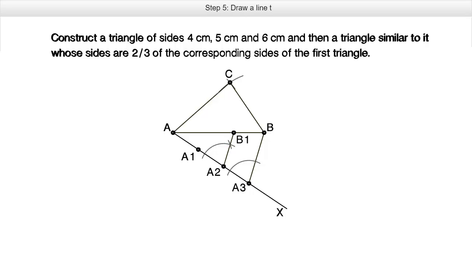In the same way, draw a line parallel to BC which is passing through the point B1. So again the same procedure, take some measurement and draw an arc by keeping your compass at point B. Without altering your compass, with the same measurement, keep your compass at point B1 and draw an arc.